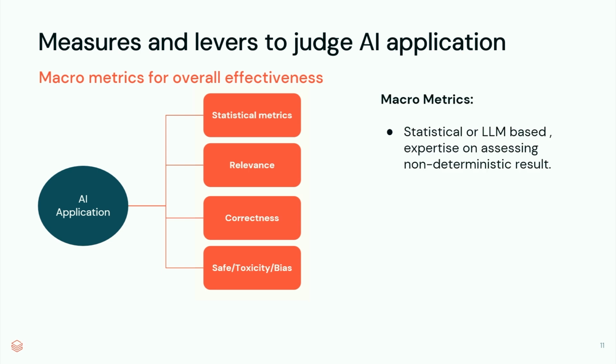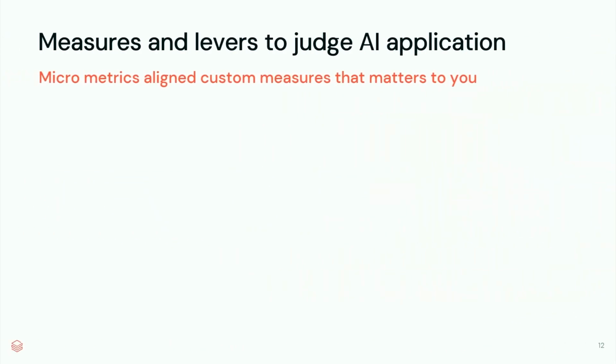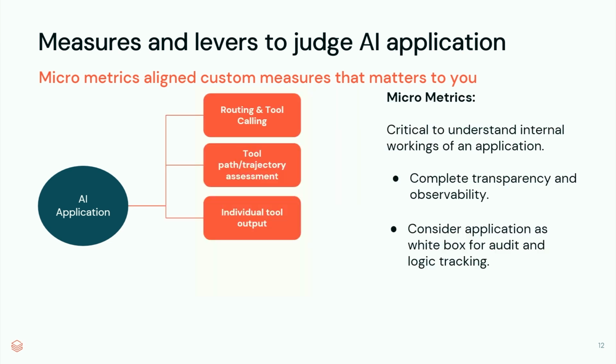And then I'm going to also validate something called micro metrics, which is basically the inner workings of your agent, the entire execution flow of your agent, and understand how the agent has come to a conclusion and what are the reasons. So it's giving you that why and how answer. Some of the metrics would be, as I mentioned, routing and tool calling, tool path, trajectory, individual tool output.